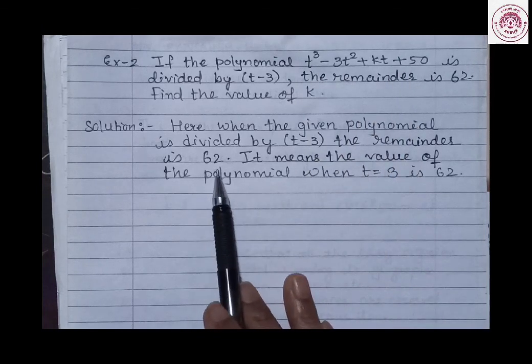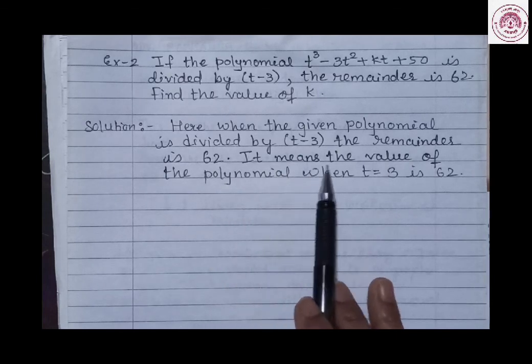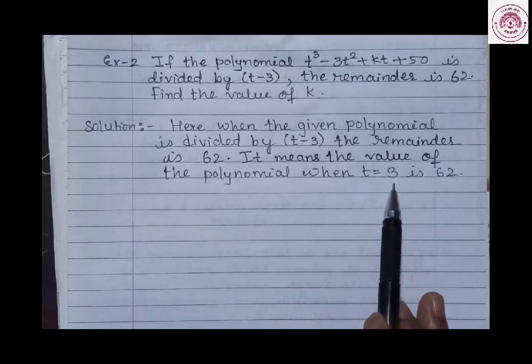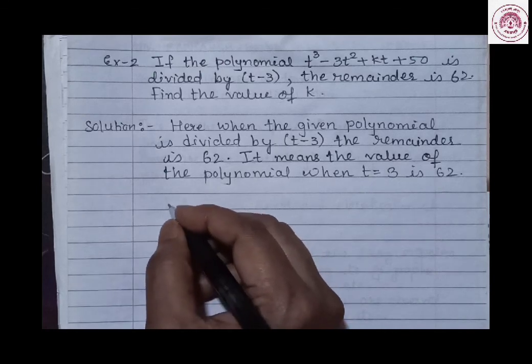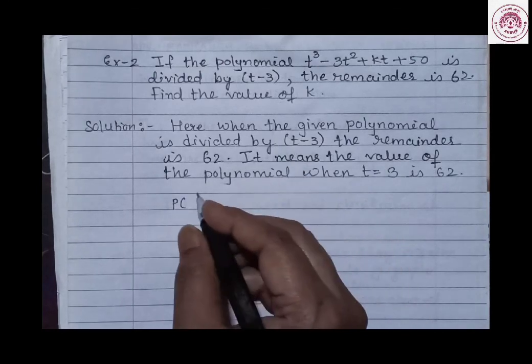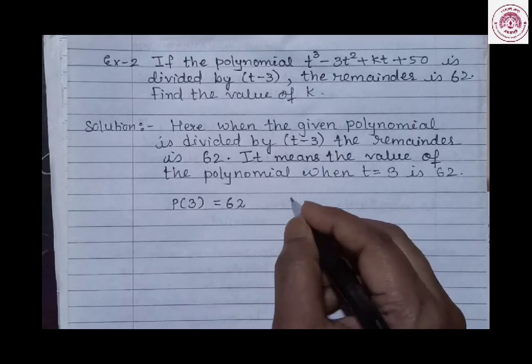The remainder is 62. So what is the meaning of this? It means that the value of the polynomial when t equals 3 is 62. So we can write this as P of 3 equals 62. This is given.